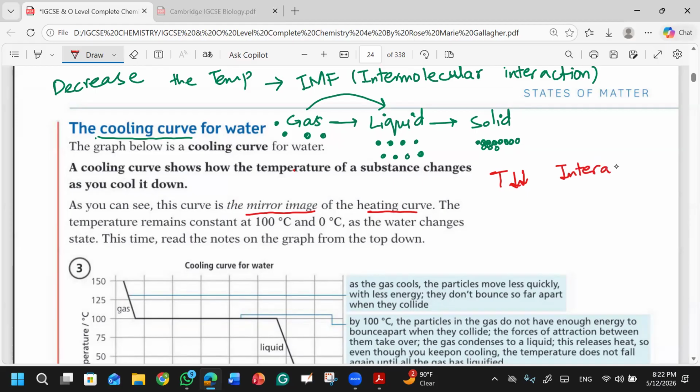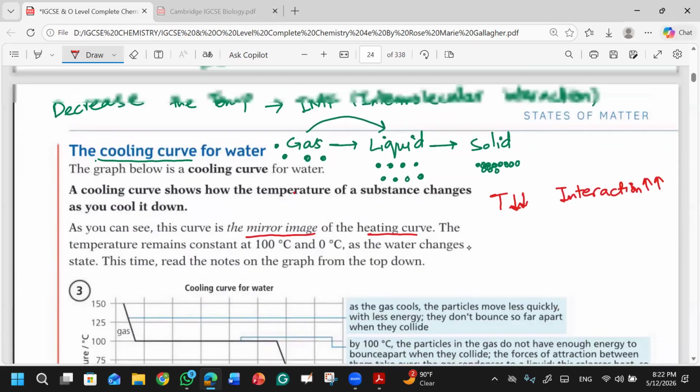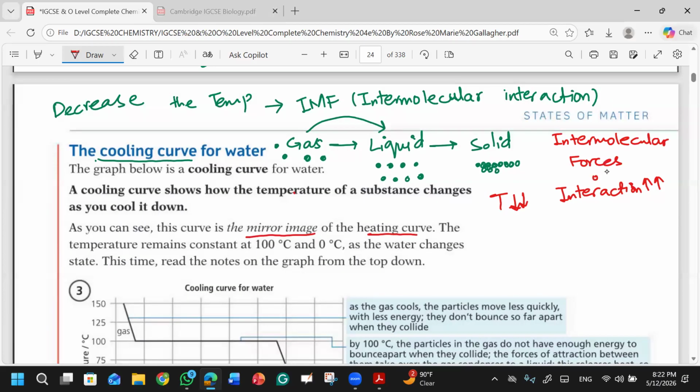You can say intermolecular interactions or forces will increase. Actually, the forces are forces of interaction. So intermolecular forces of attraction will increase.